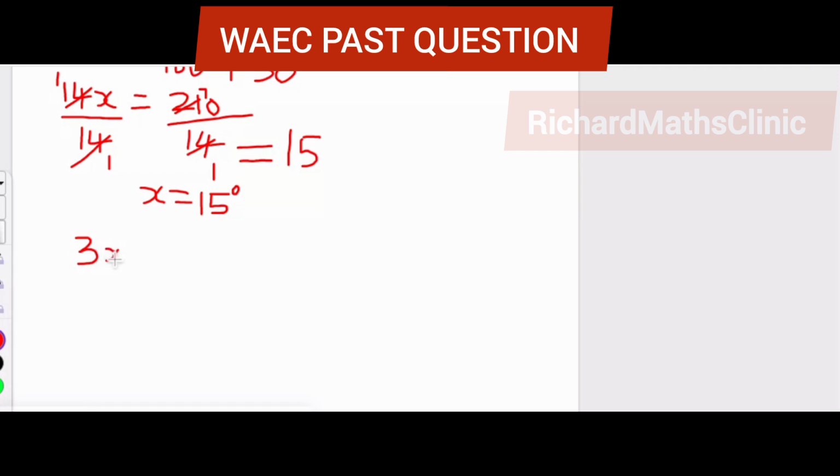I'll be substituting 15 for x, because the value of x is 15, and that is why I'm going to be having 3 multiplied by 15. 3 multiplied by 15 is obviously 45. And our answer is 45 degrees.